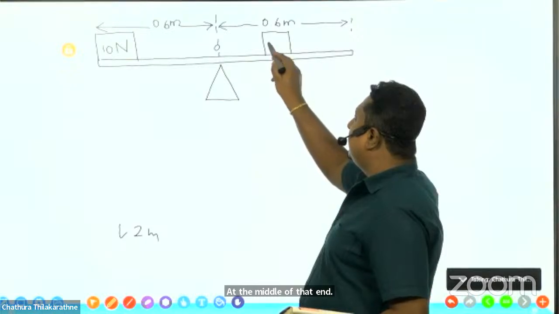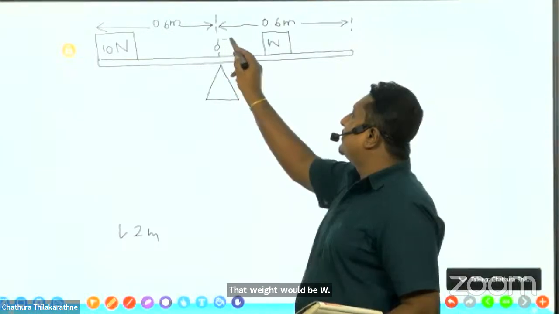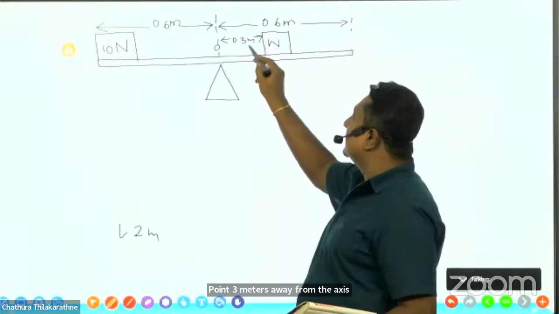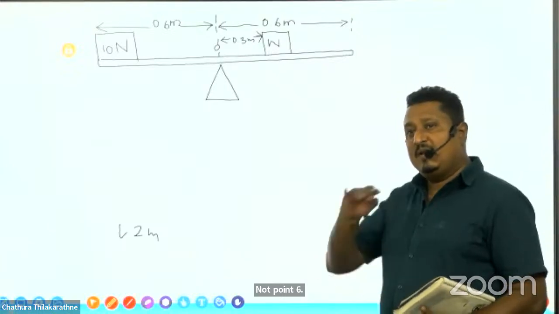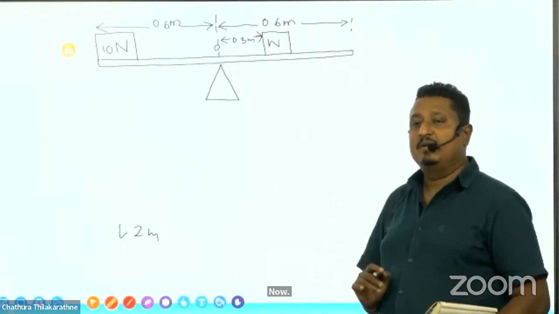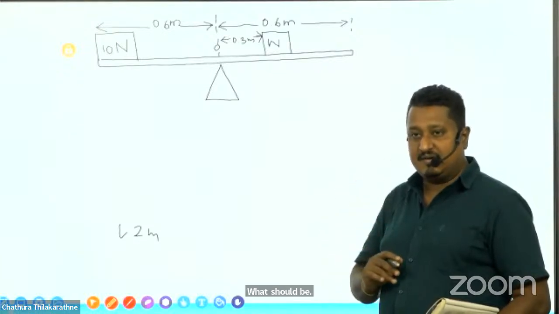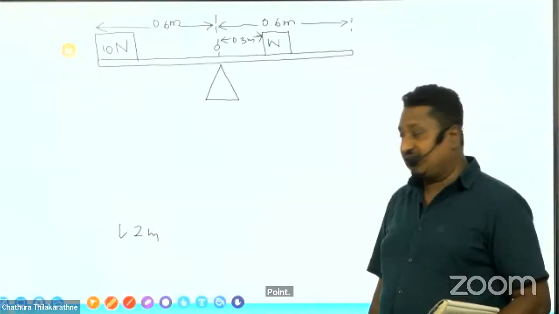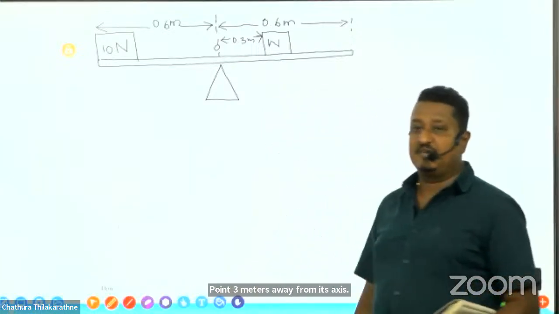That weight would be W. It is placed 0.3 meters away from the axis, not 0.6. Now, if the rod is in balance, what should be the value of W? What weight should be kept 0.3 meters away from its axis? Apply the principle of moments.